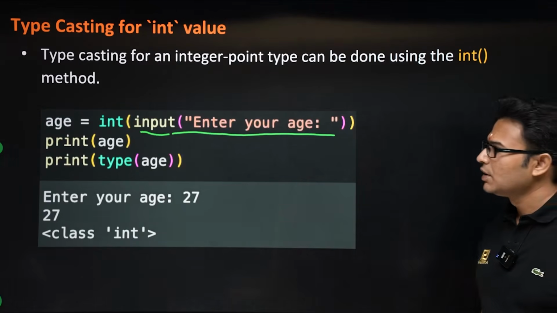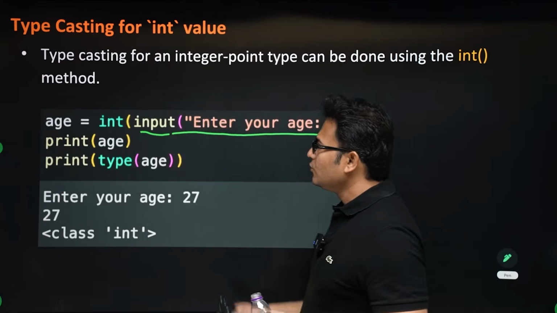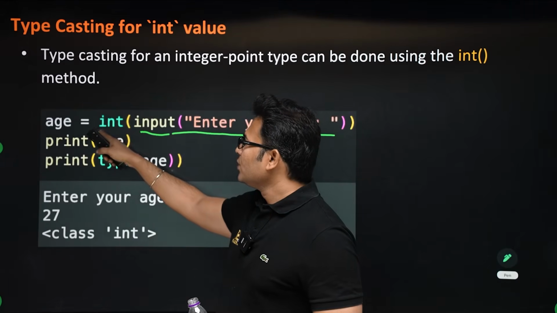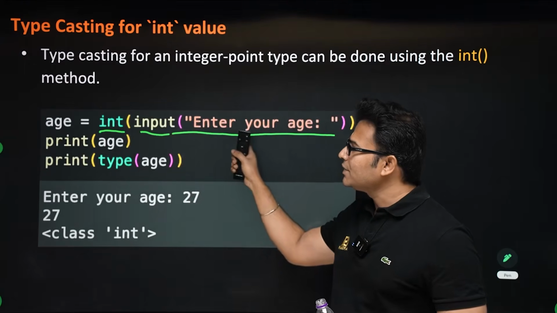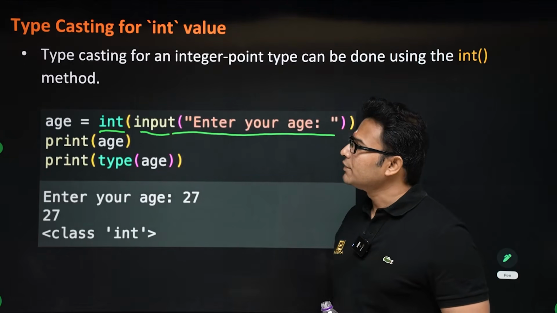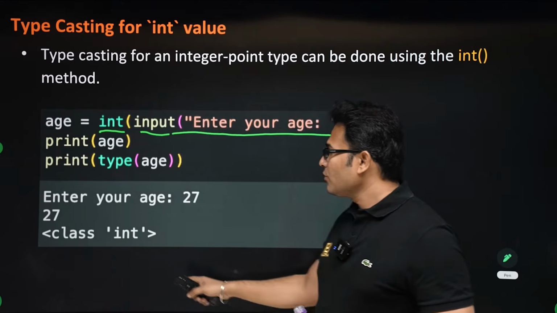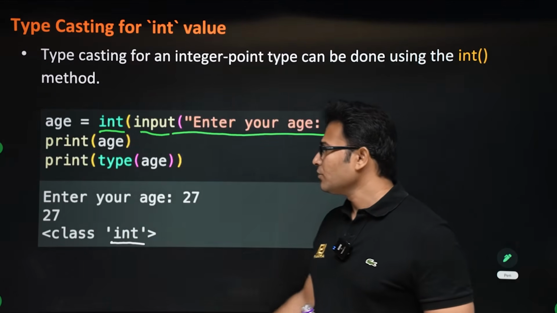That is for sure. But now, if you want it to be an integer, you put int in the beginning, which means you pass the entire thing as an input to int. Then automatically the type of the value that is being read will be converted to int.